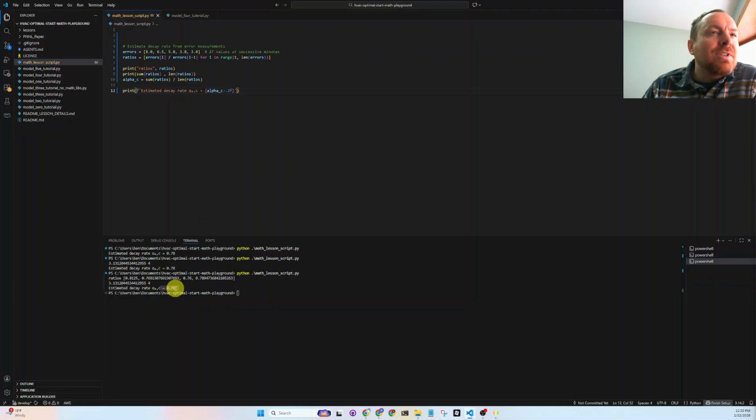Let me think about this. 1 minus 0.78 would be 0.22. So I think it approximately tells you that when the zone is warming up, each one of these minutes is approximately 22% difference on average. I think that's what that means.